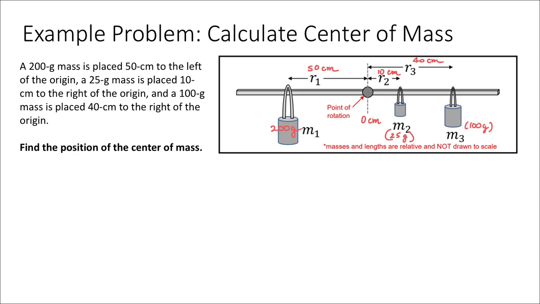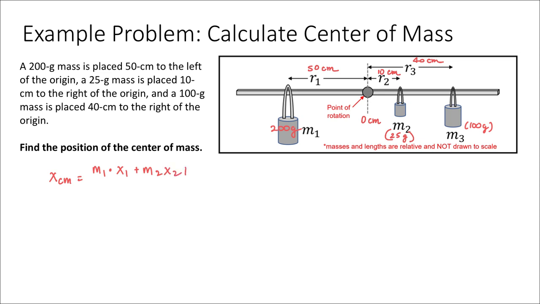The center of mass may not be at the point of rotation or at the middle of the meter stick. It might be somewhere else, right? And that's what we're going to calculate. Remember the equation for the center of mass: I can calculate it by multiplying all of the masses and their positions. So that'll be M1 times, and I'm not going to use R here, I'm going to use X, the position of that mass, because R is the distance, but this is just the position.